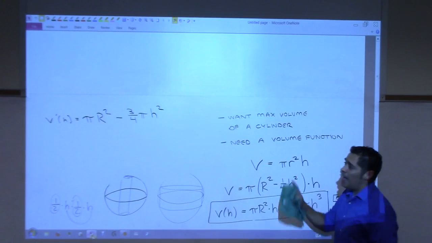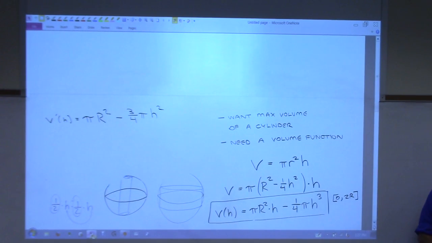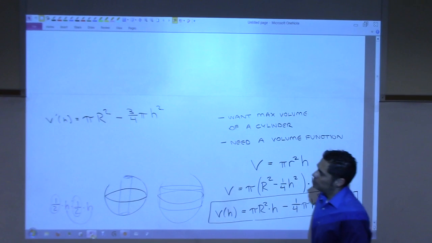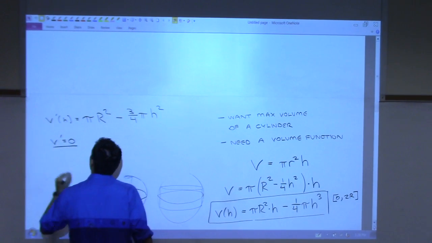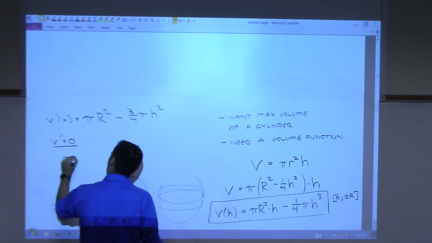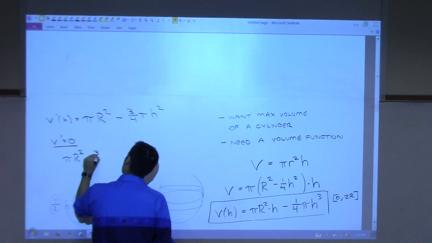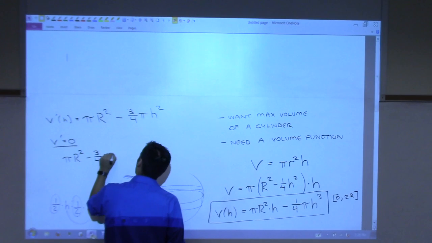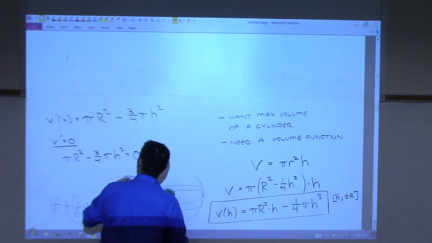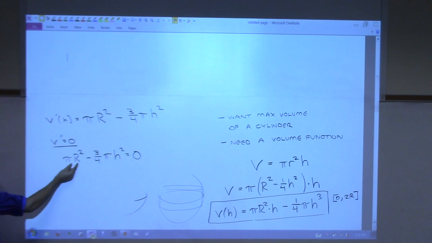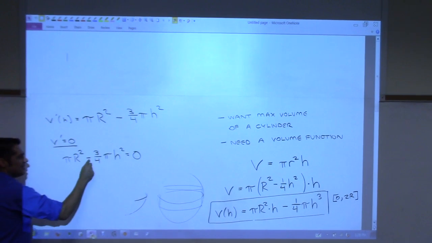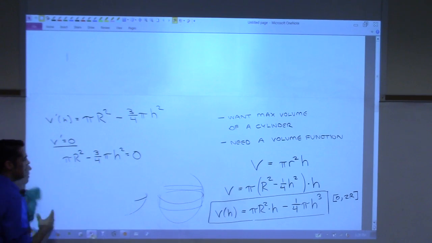And I'm going to now take that and set that equal to 0. And I get pi capital R squared minus 3/4 pi h squared equals 0. And I think I can do this pretty clean, right? This is just a number, it's a constant. And because this is a negative term, I'm going to move it to the right side.